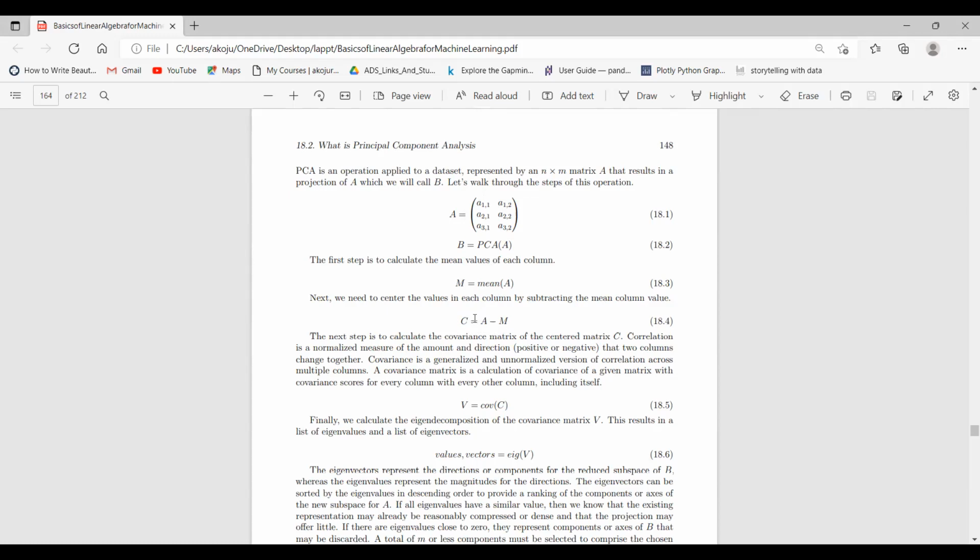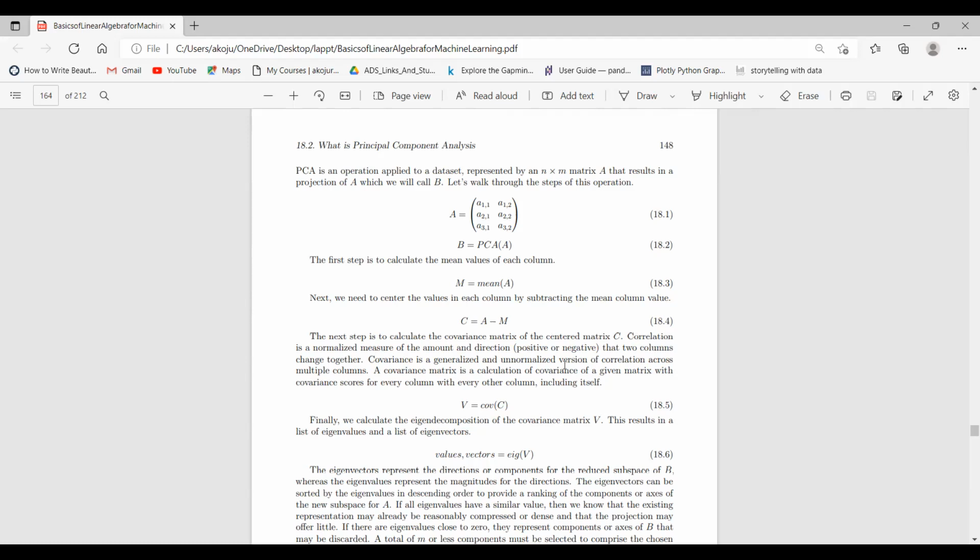Now, with the help of the centered matrix, you can calculate the covariance matrix of C, as we have seen in the previous slides. Even with Python, we can directly calculate the covariance matrix. If you know the syntax, it is very easy to calculate the covariance matrix in Python.